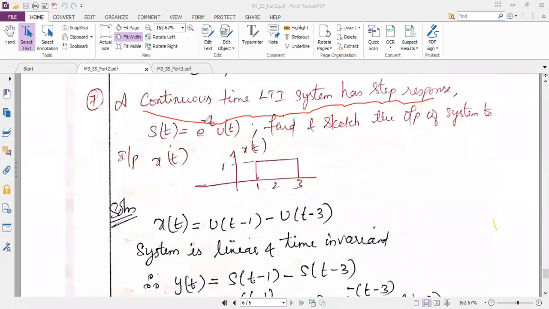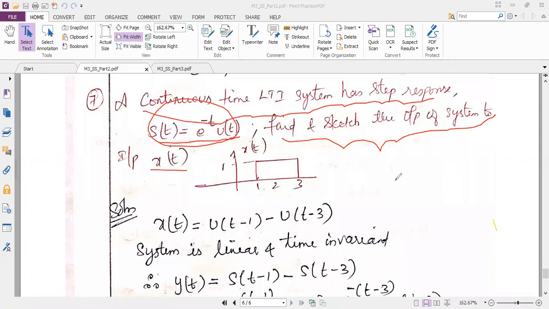Normally in all the earlier problems, step response was asked, given impulse response. But here, the step response is given in the question itself. So they are asking some other data to be found. What is the other data? They are asking to find and sketch the output of the system to the input x of t.